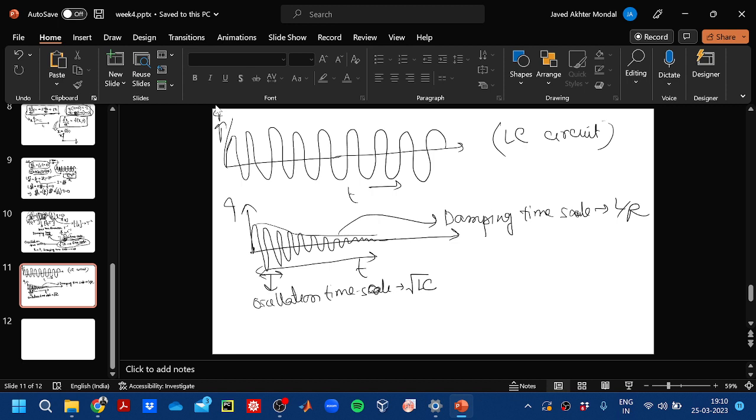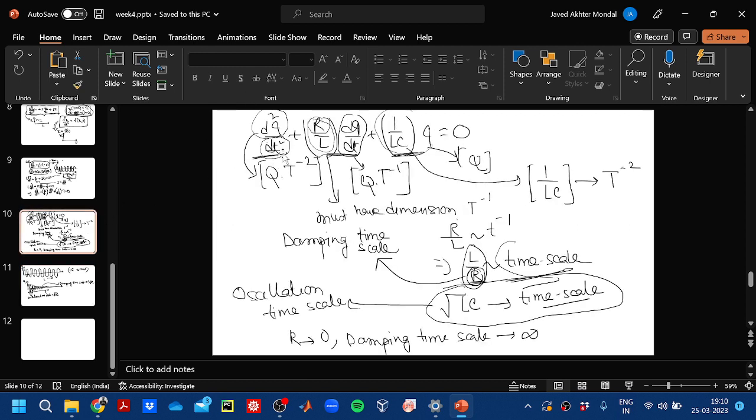So if we are given any equation, and if we are asked to show what the time scales of the system are, we can easily get that from this dimension analysis. You can take any equation, and if we do the dimension analysis, then you will get the part which has the dimension of time. That is the time scale of the system. And by looking carefully at the equation, you can clearly specify which time scale corresponds to which physical property.